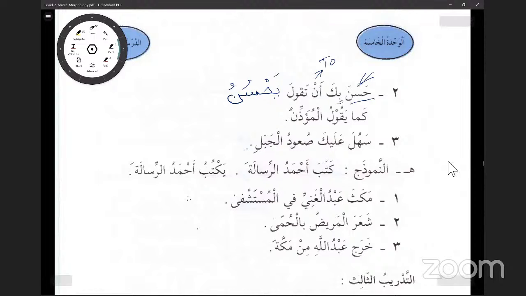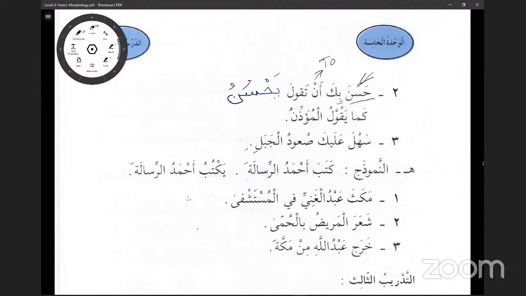Number 3. If we can have Admir read number 3 for us. If he's here. طيب. Gando, can you read number 3 for us? نعم. سهل عليك صعود الجبل.